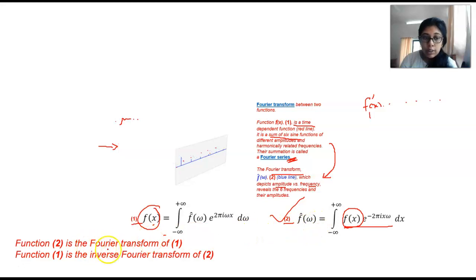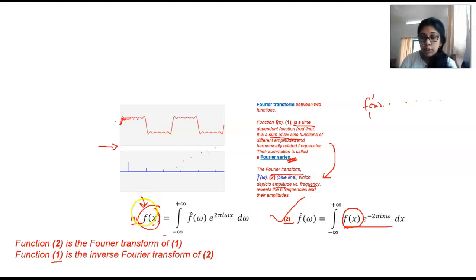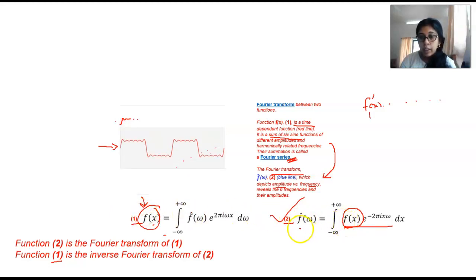So 2 is the Fourier transform of 1, and function 1 is the inverse Fourier transform of 2, and this f of x is the inverse Fourier transform of the corresponding function f cap w. So here you can see the Fourier transform as well as the inverse Fourier transform.